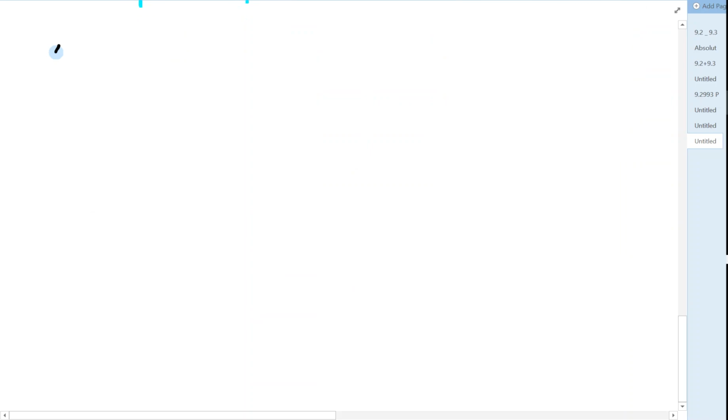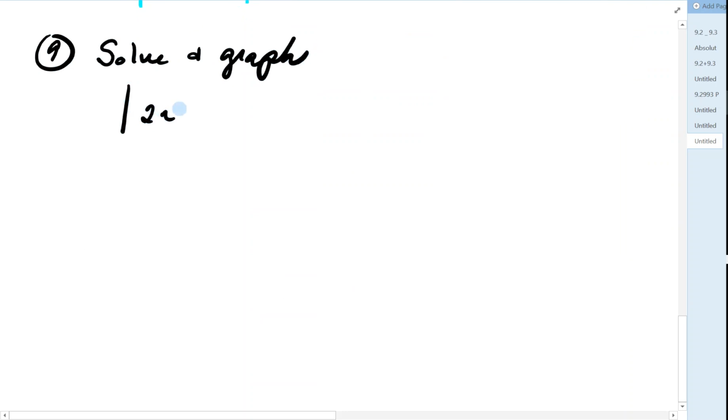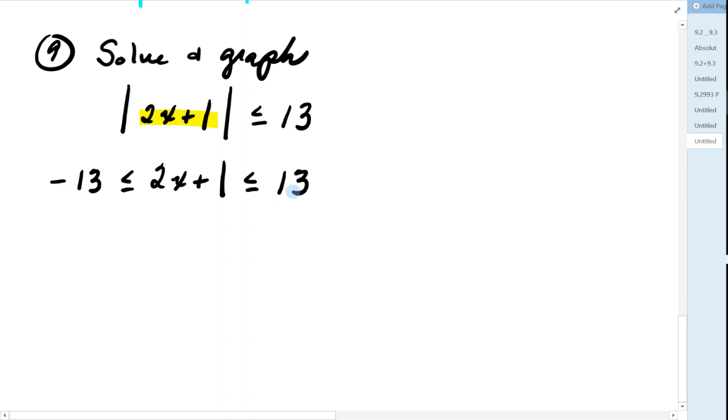Let's look at number 9. Solve and graph. Absolute value 2x plus 1, close absolute value, less than or equal to 13. I look and notice this less than symbol. My absolute value is isolated, so I know that the expression 2x plus 1 falls between -13 and +13.